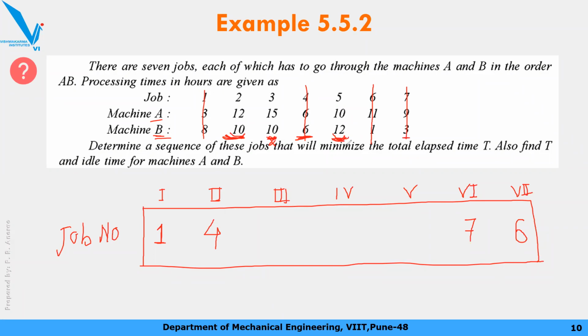Again there is a tie between them, processing time is same. So you can again randomly choose the sequence. You can put 2 here and 5 here. Will not affect your solution. And the last part is 3. So your sequence of operation will be job number 1, 4, 2, 3, 5, 7, 6.